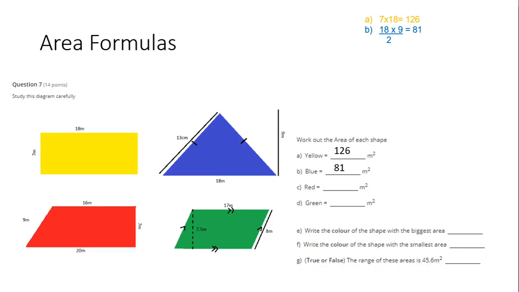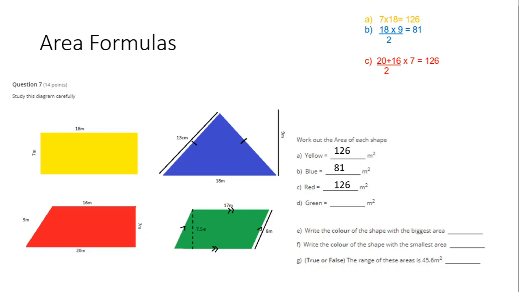The red shape area, it's a trapezium, so I'll average the top and the bottom lengths. That's 16 plus 20 divided by 2 times by the distance between them, which is 7, not 9. 9 is not perpendicular to either of the lengths. So 20 plus 16 divided by 2 times 7, that gives me 126. And the green shape is a parallelogram.